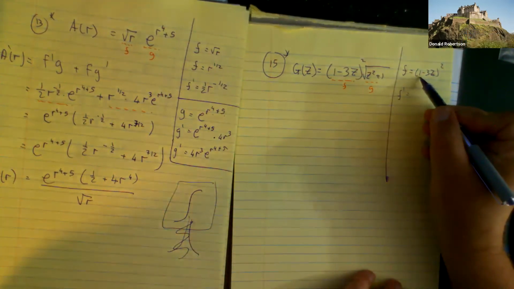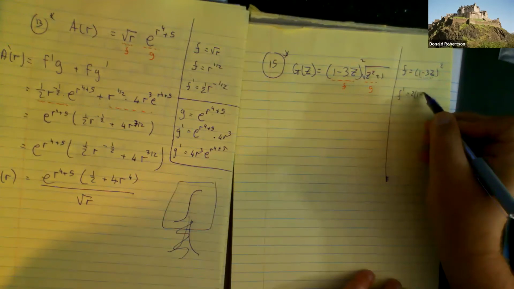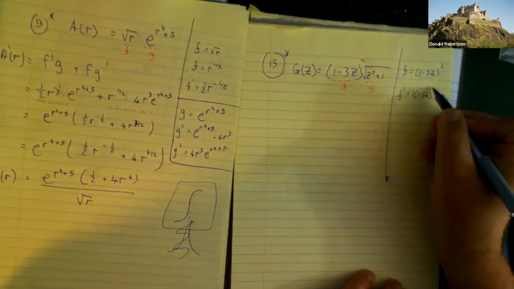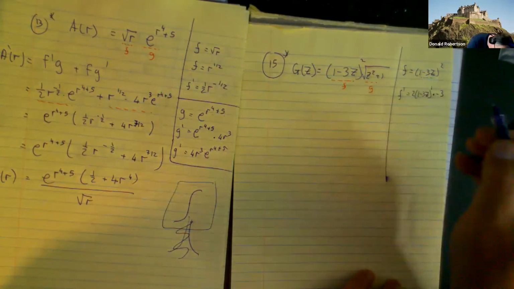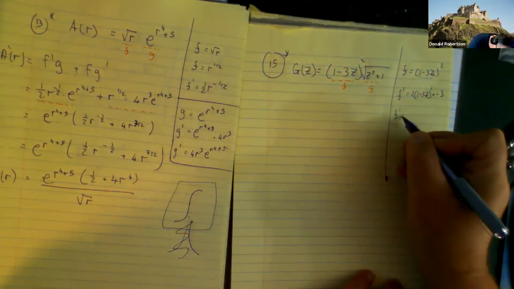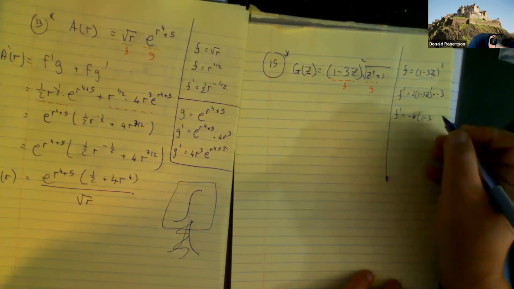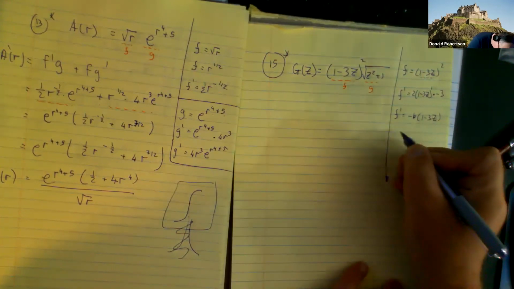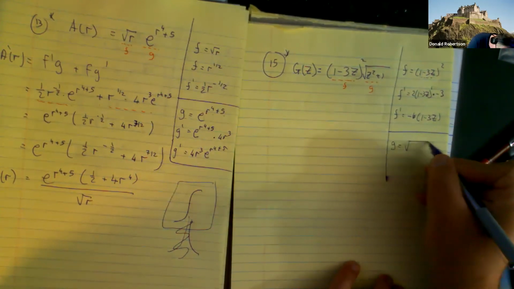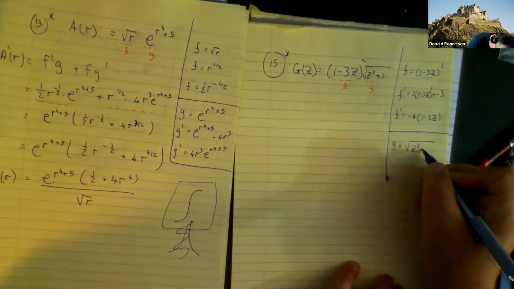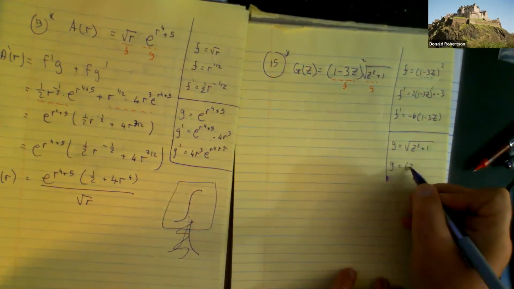Our inside function is that guy. So derivative 2 times the inside function to the power of 1, followed by the derivative of the inside function. And so I get negative 6, 1 minus 3z. Done. The g is the square root of z squared plus 1. Well, I know I need to call that half power.